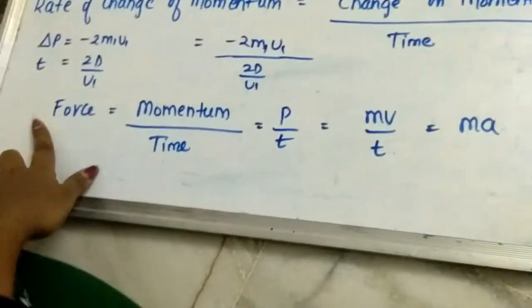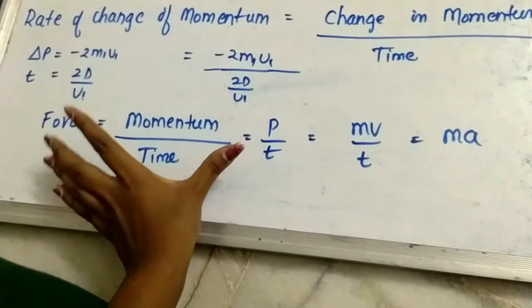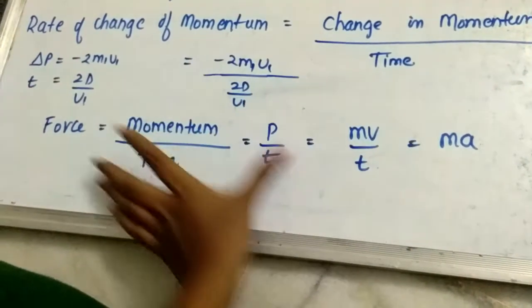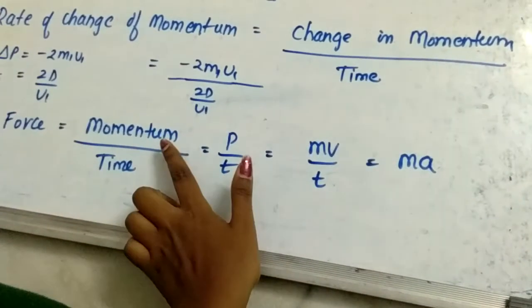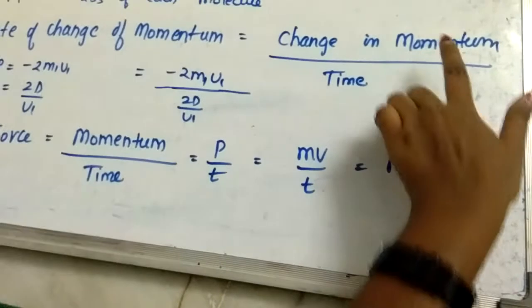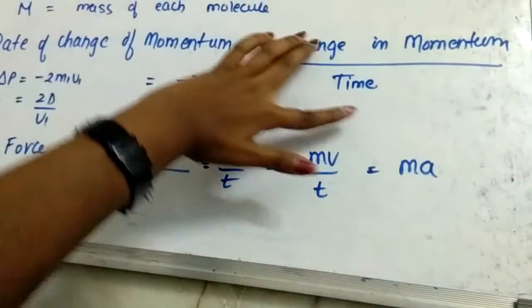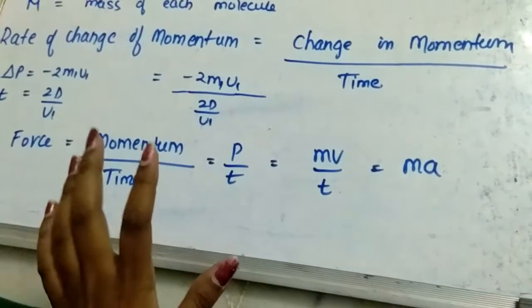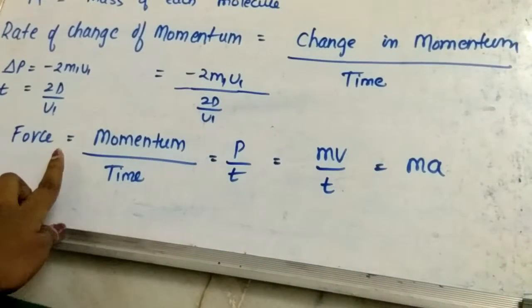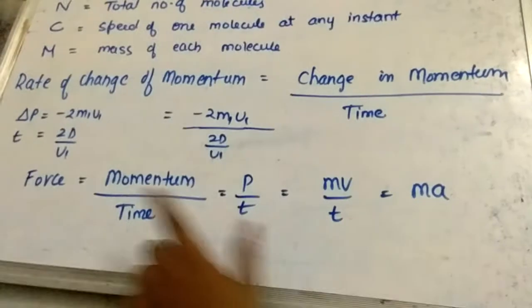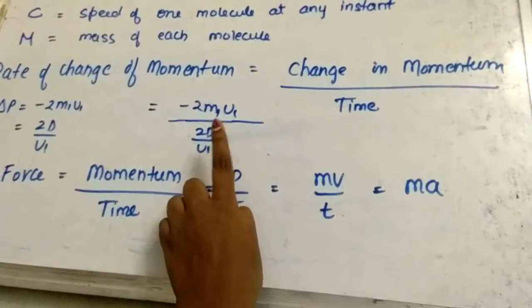So momentum by time equals force, and momentum by time also equals the rate of change of momentum. Did you get it? So we are equating these two equations. Force equals this.